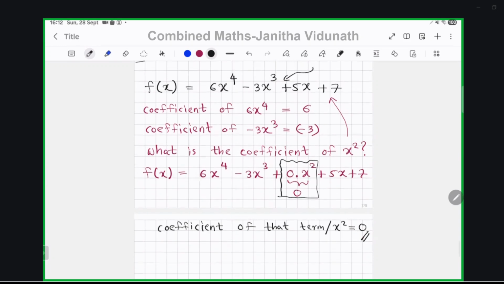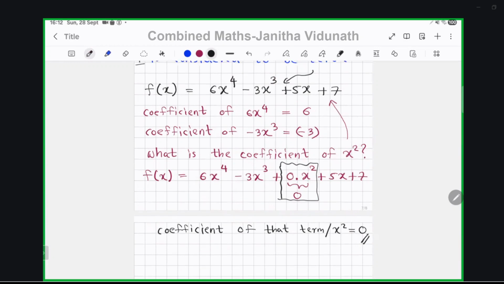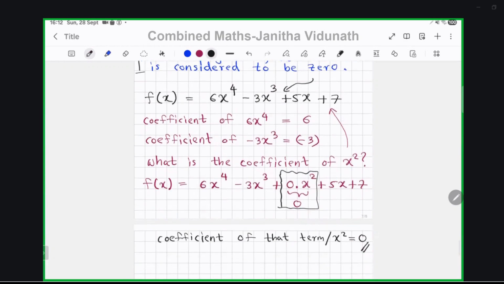Okay, now I think you can understand that. Write down this example also. That is an important note you need to keep in your mind.